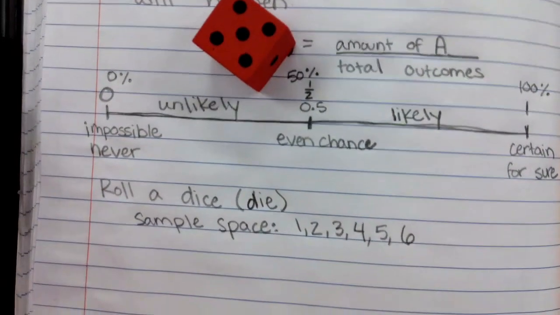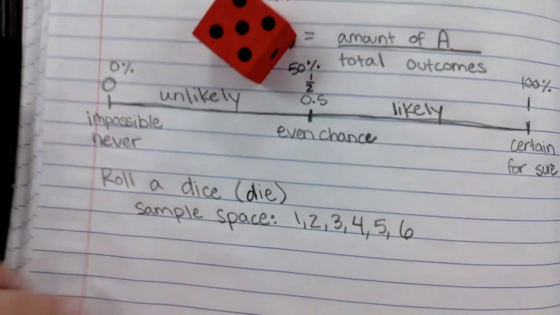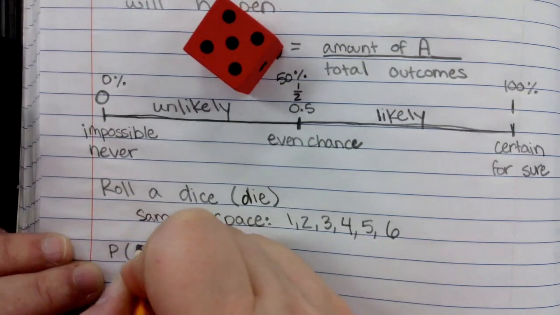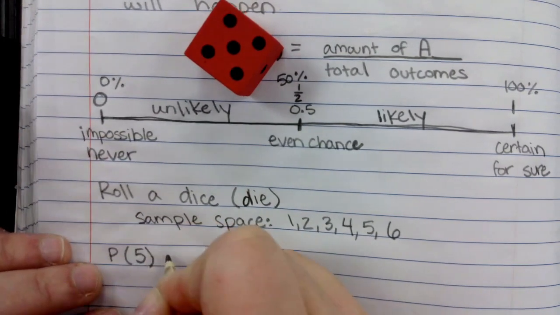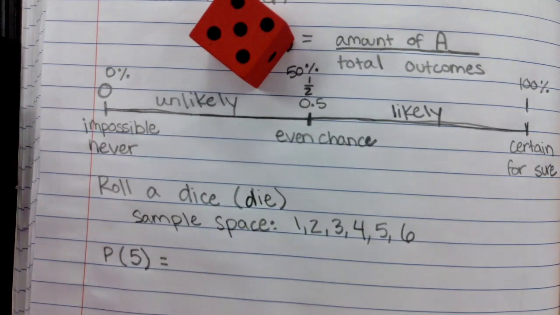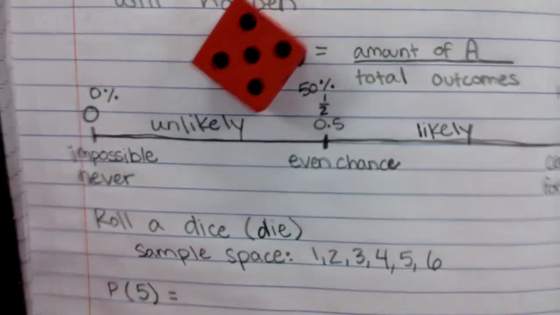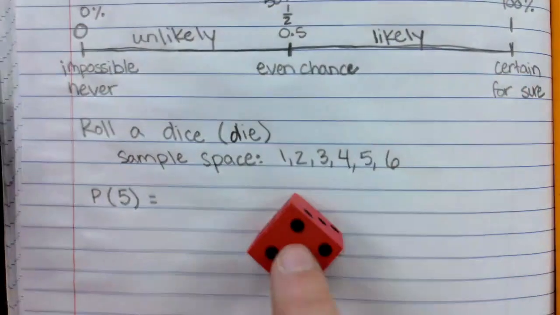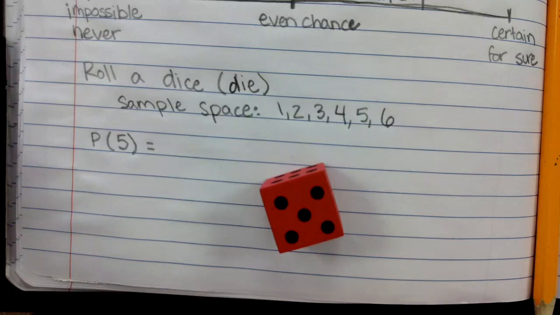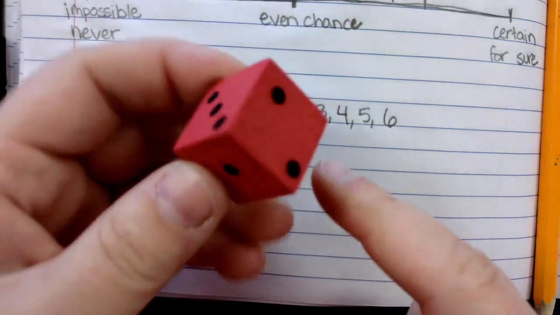So when we find that probability, we're going to say how many 5s are there on the dice. There's only one 5. So I'm going to do 1 over how many total options were there on the dice. 6, so 1 over 6. And we might write that as a fraction or a simplified fraction. That's simplified. Or we might write it as a decimal. Or we might write that as a percent.